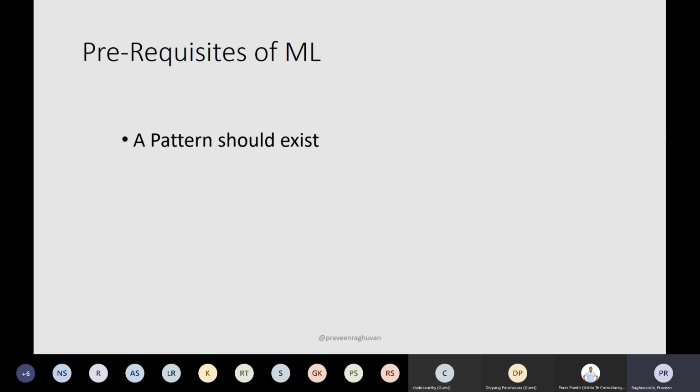So these are the prerequisites. Like a pattern should exist, meaning if we are feeding images of fish, then it should be able to predict the fish. So if I feed in four types of fish today, and tomorrow a fifth kind of fish also comes, then it should be able to predict that one. So there is a pattern of characteristics present in the input that will be utilized by the machine learning algorithm.